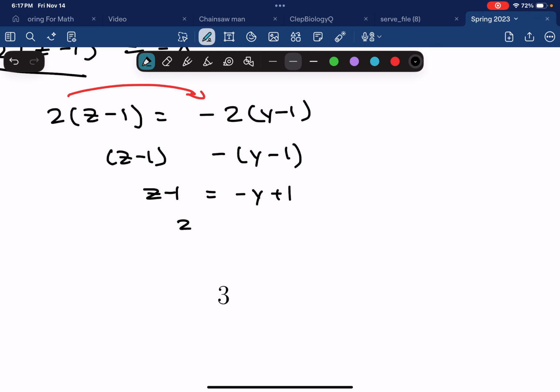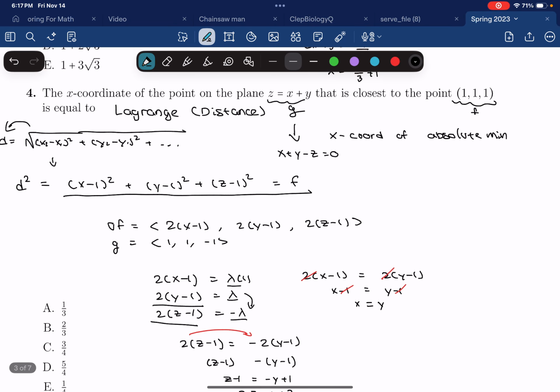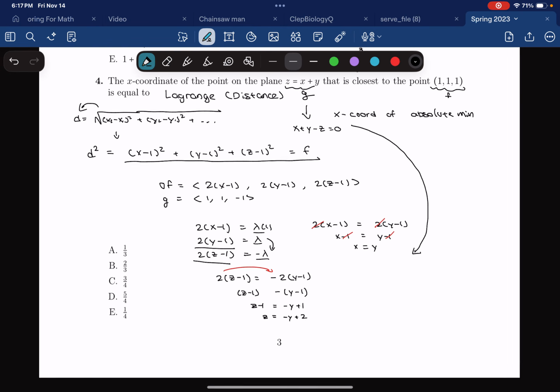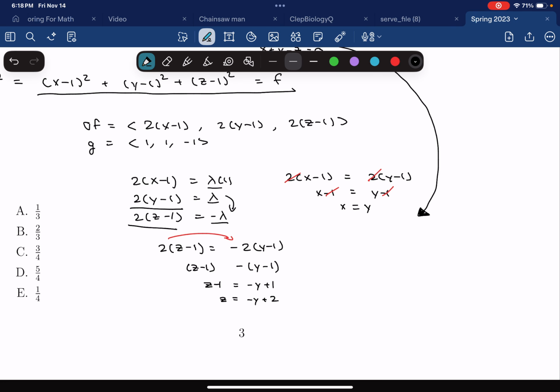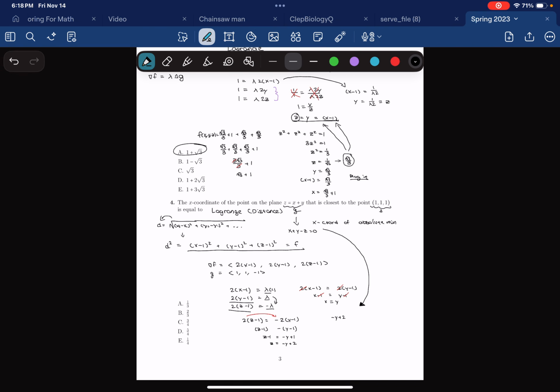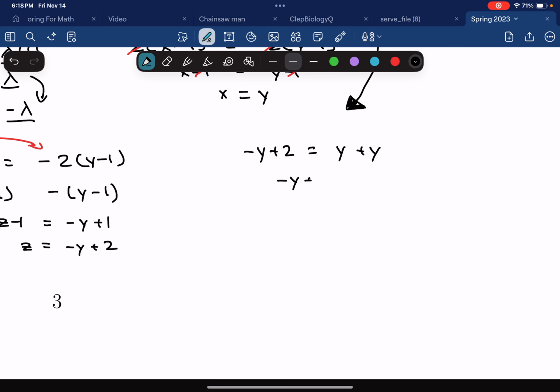So z in this case is just negative y plus 2. When we plug this back into our constraint, hold for a second while I color this in. We get that negative y plus 2 is equal to x, which is y plus y. So negative y plus 2 is equal to 2y, in which 2 is equal to 3y.